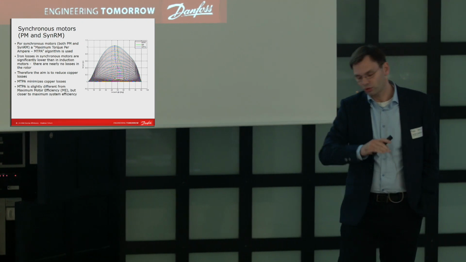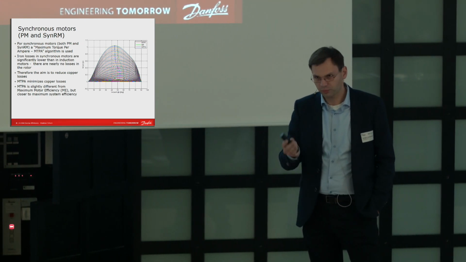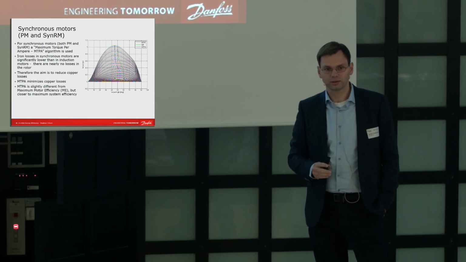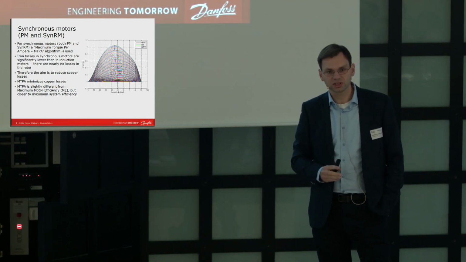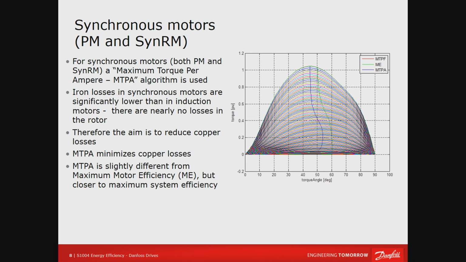For permanent magnet, or in general for synchronous motors, the preferred control strategy is something called maximum torque per amp. That means let's get as much torque as we can out of a certain current. It's important to say that in order to determine the maximum torque per amp curve, the drive needs to be matched with a motor or to be able to identify the advanced motor parameters.